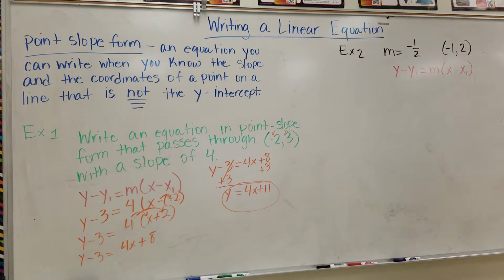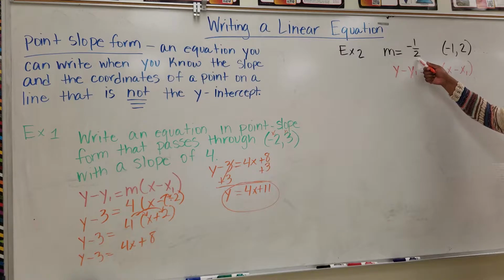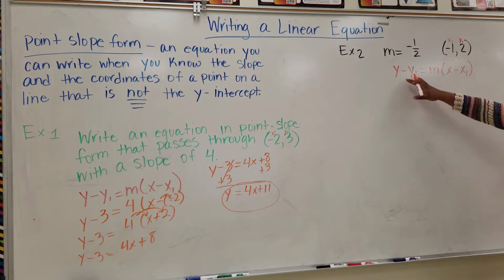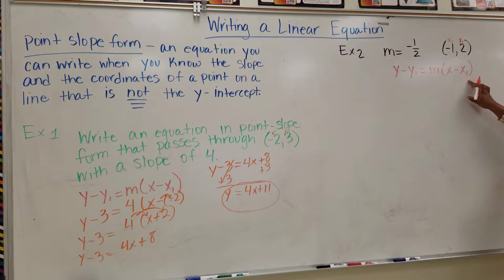Now let's go over here. Example number 2. m equals -1/2. And we have the coordinates of -1 and 2. So this is our slope. This is our x1, this is our y1. So all we have to do is plug it into our formula. y minus y1 equals m times x minus x1.